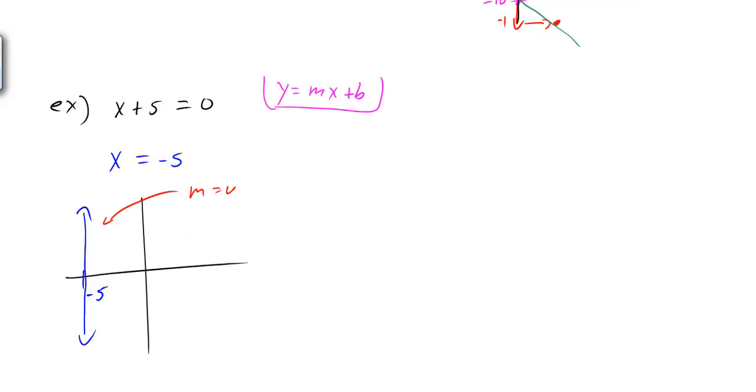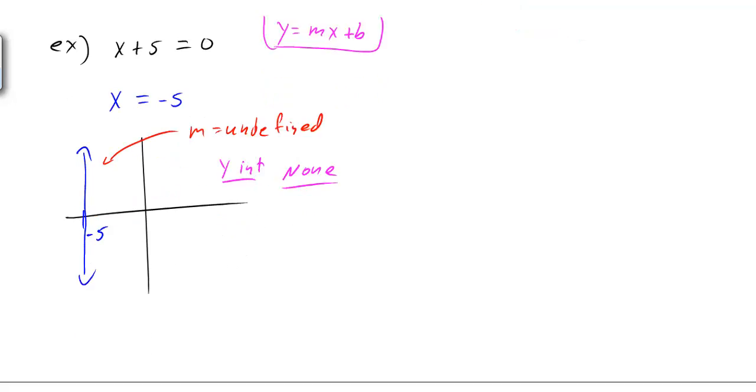Well, remember, it is undefined. And what about the y-intercept? Well, this graph will never cross the y-axis, so for the y-intercept, there would simply be none. There are no y-intercepts.